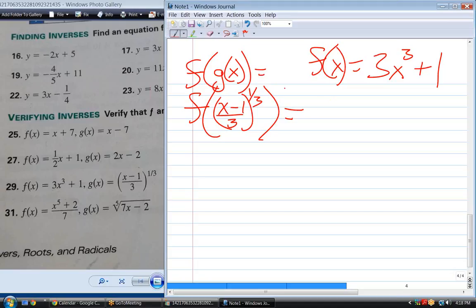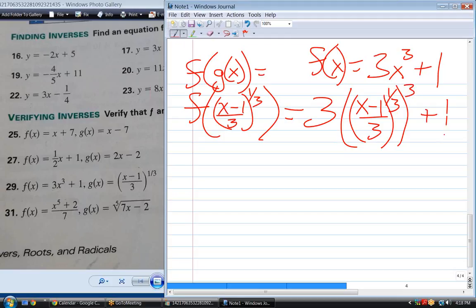It's 3 times parentheses, double parentheses, x minus 1 over 3, to the 1/3 power, plus 1. Simplify, and how do I simplify that?